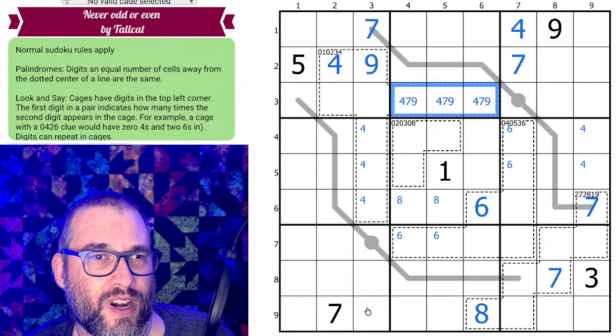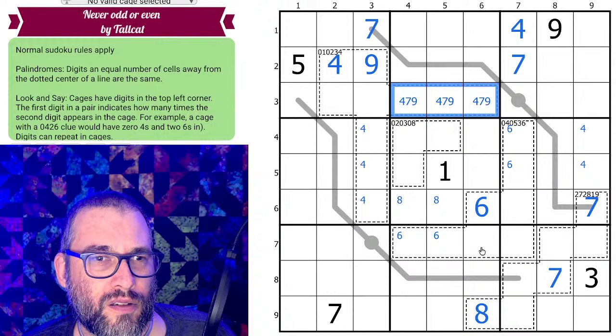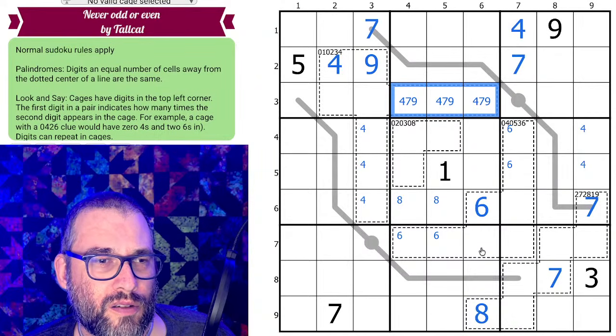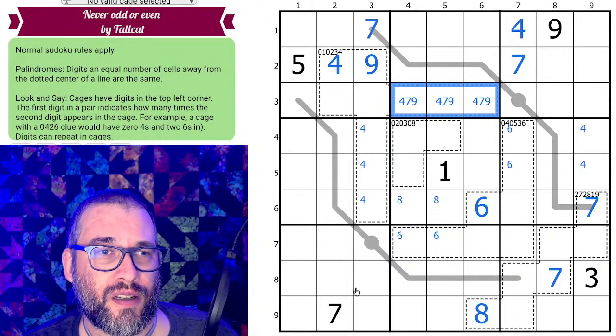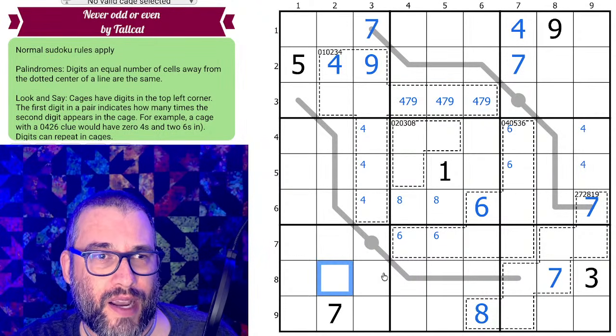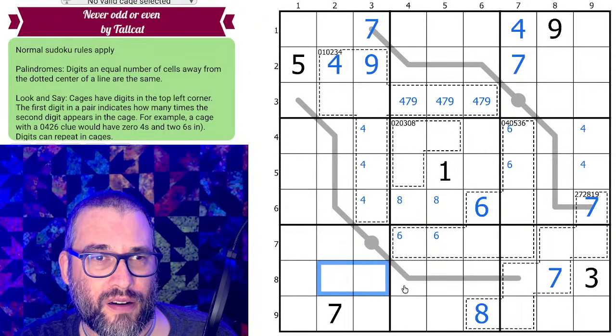Four in row 9. Hmm. 4 in row 8. 4 in row 8 looks better. It's not there. It's not there.